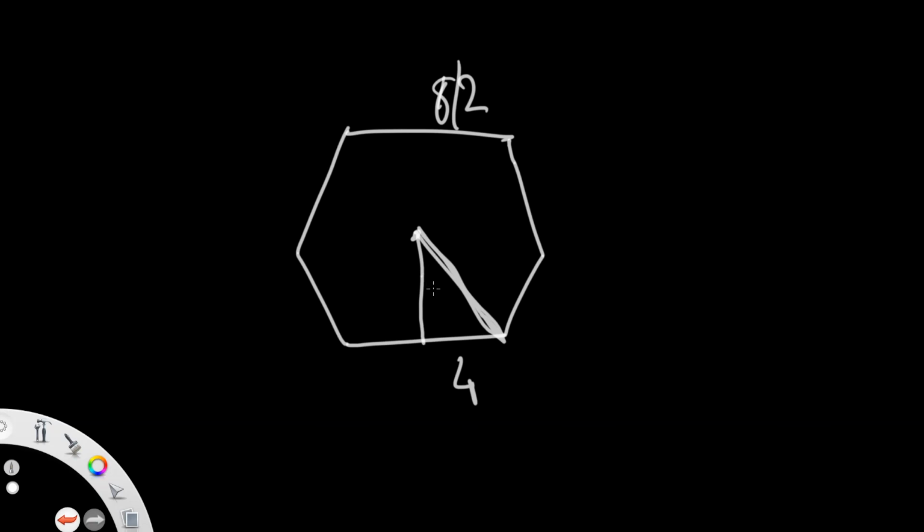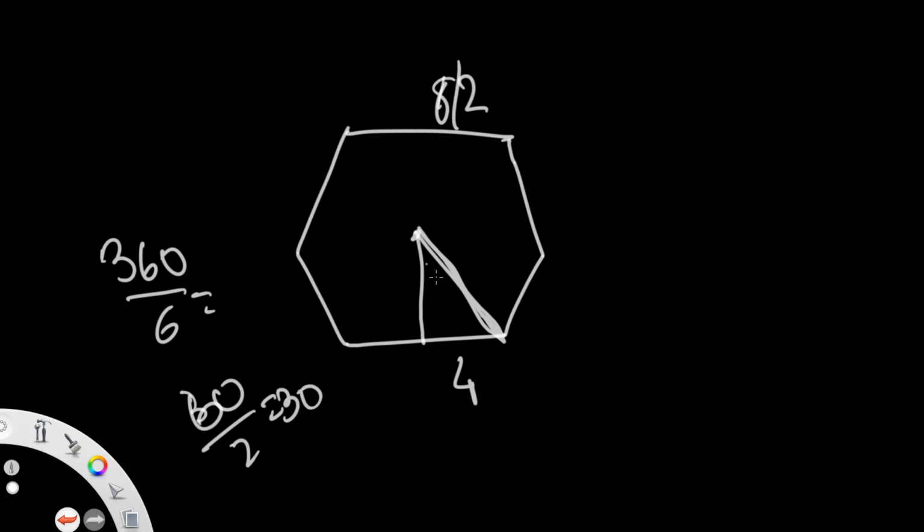Since it has 6 sides, 360 over 6 will give us 60, over 2 will give us 30. So this is 30 degrees. Now that we know that, we know a special right triangle is formed here. Since this is 4, the shorter side, this would be 4 root 3 over here.